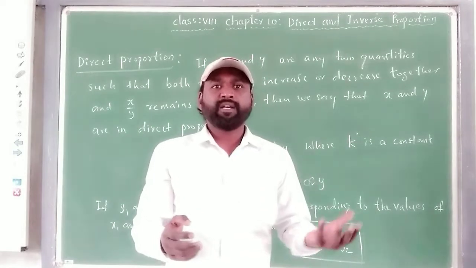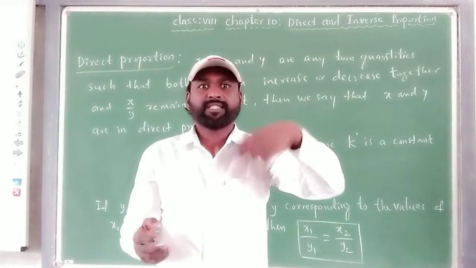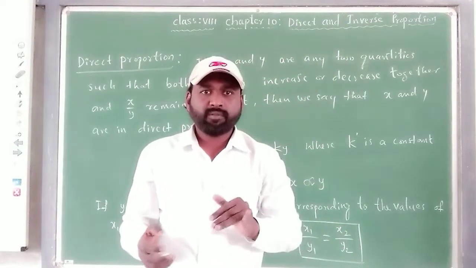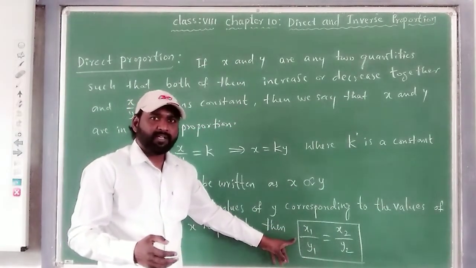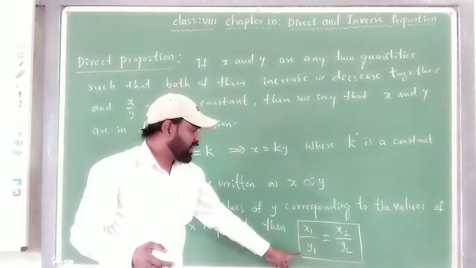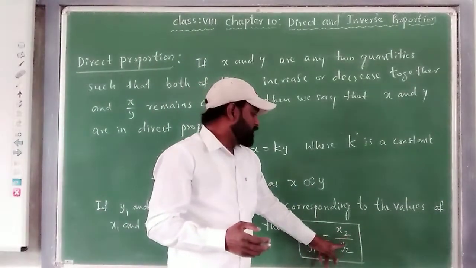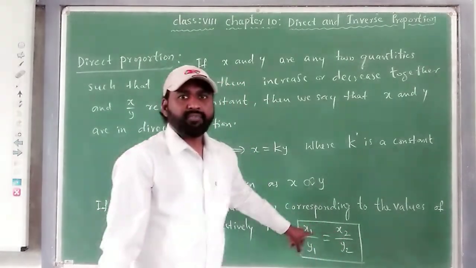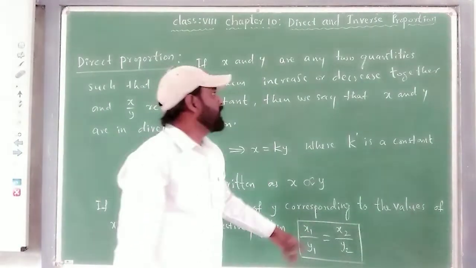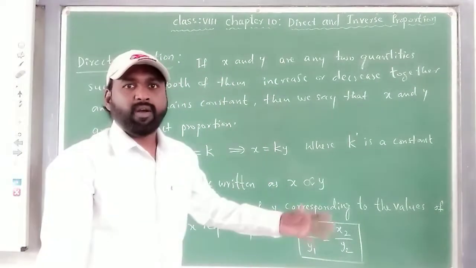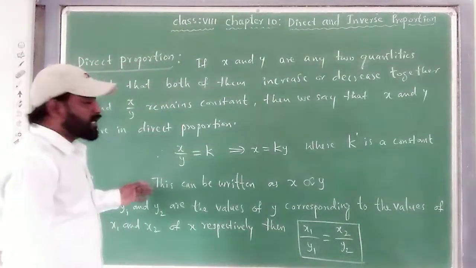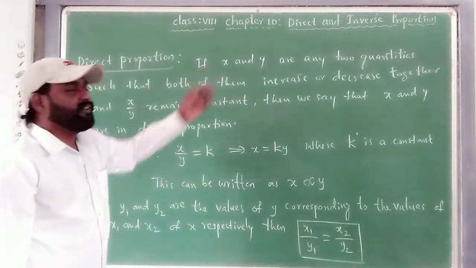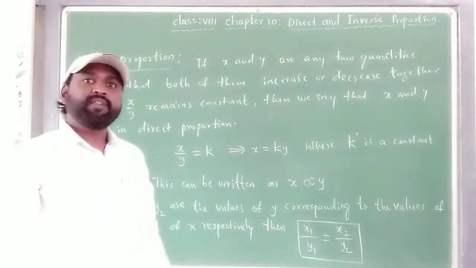If three of the four quantities are given and you want to find the fourth quantity, you have to use this formula when they are in direct proportion: x1 by y1 is equal to x2 by y2. You have to remember this, then only you can find the quantity you need to find. Hope you all understood the direct proportion definition using the variables. Let us move on to the inverse proportion.